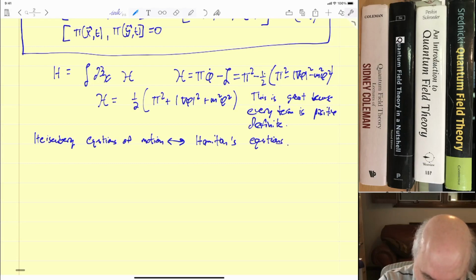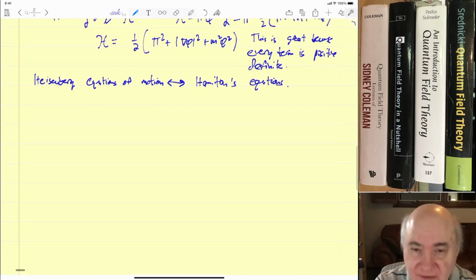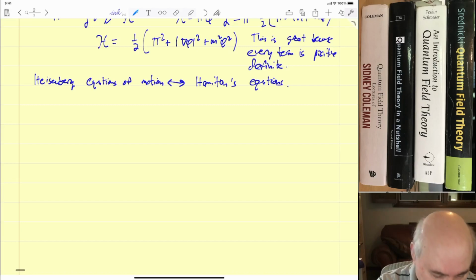I showed this in the classical context, and it should be obvious that it's going to work in the quantum context, because the whole idea of the quantum thing is to use commutators with delta functions, which ends up working the same as derivatives. But I'll show it anyway.